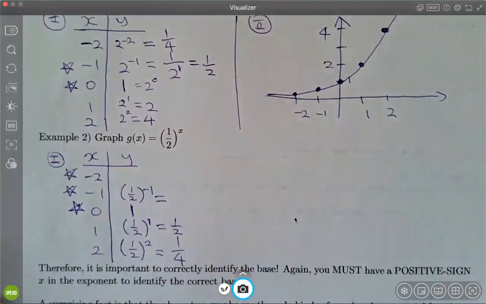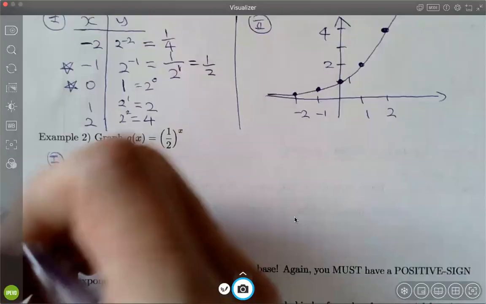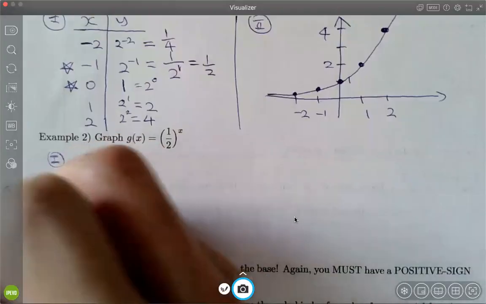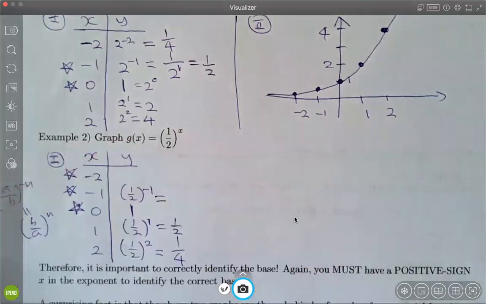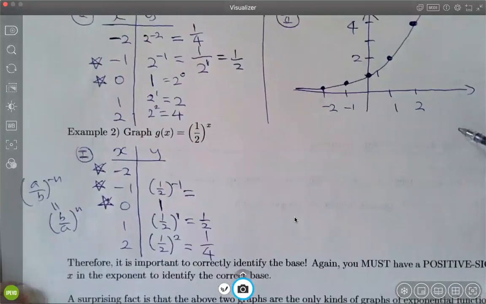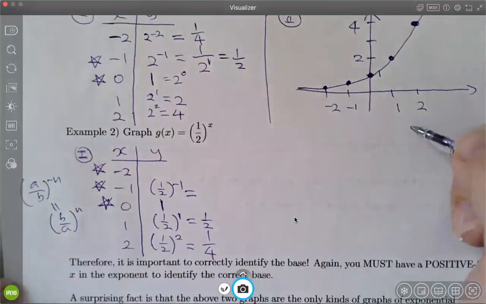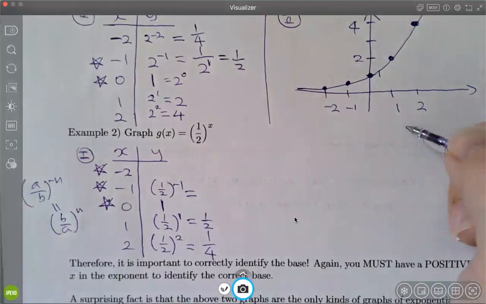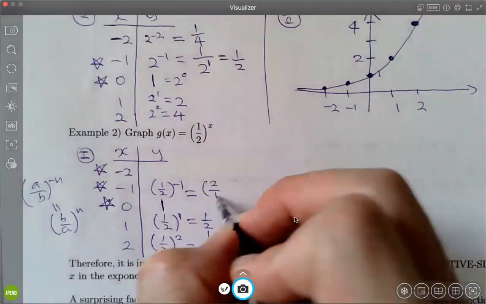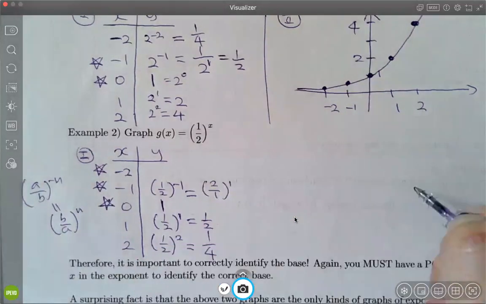Do you see why? Because there is this rule, hopefully you have seen this before. Whenever you have a fraction to the negative power, you can drop the negative sign, but you have to flip the fraction inside. So this one means 2 over 1 to the first power, which is equal to 2, right? Yes.